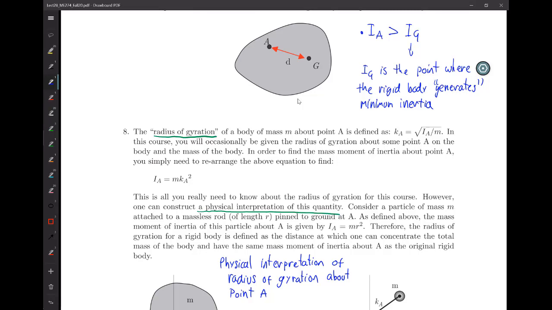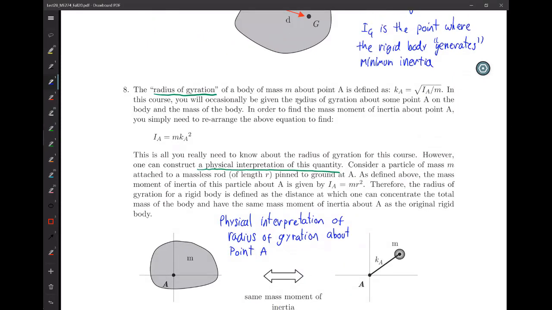If you have a body like this that is rotating, or that you calculate moments about point A, this radius of gyration is essentially a distance, the square of which you multiply times the mass of your rigid body to give you the effective moment of inertia that you would feel.